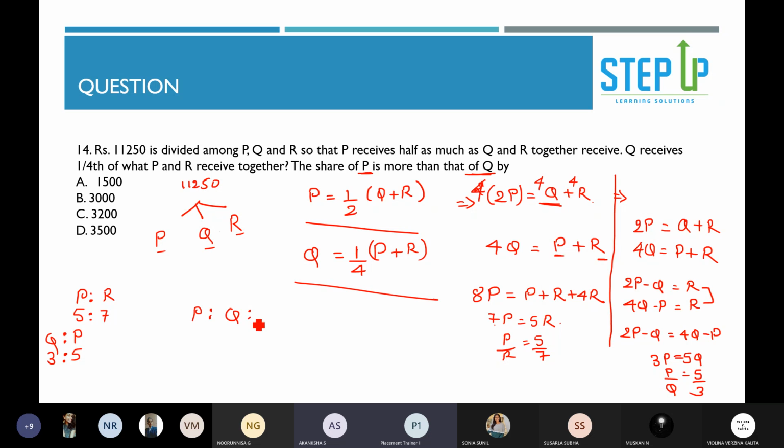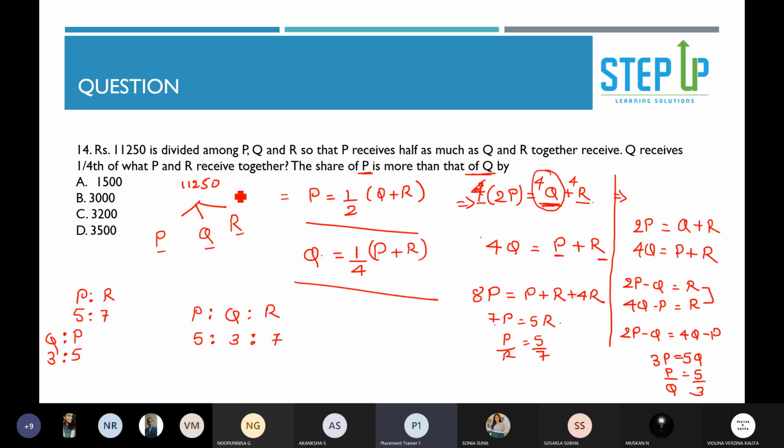Ma'am, can you please explain again why we multiplied 2P by 4? So what I'm doing: I have 4Q, and when you multiply this, you will get 4Q is equal to P plus R. I want to substitute the 4Q value here, so I multiplied 4 everywhere.